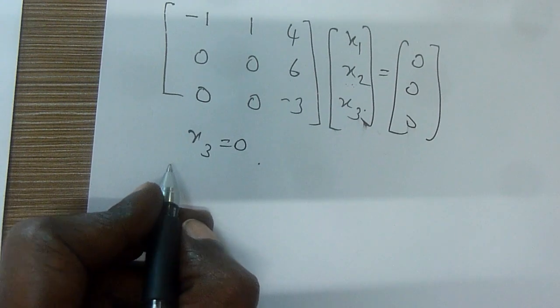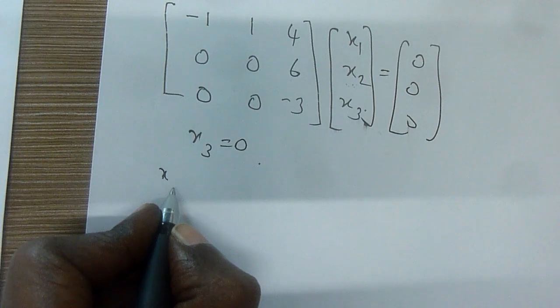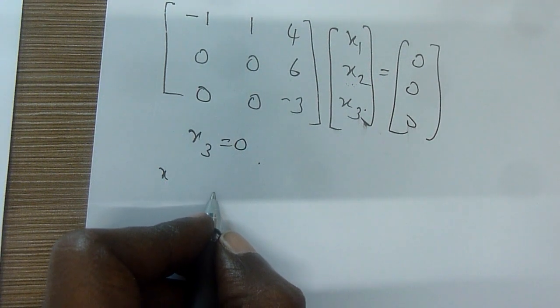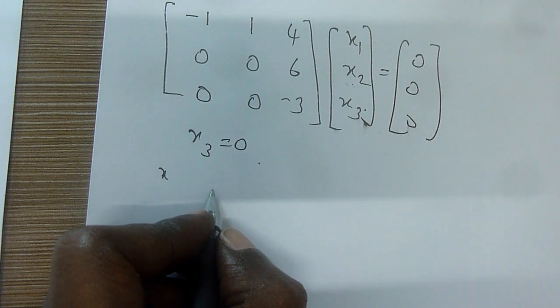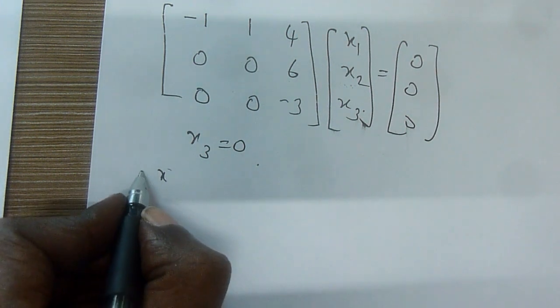Then we worked on this. Therefore, you get x1. How did the first one become -1? Oh, hold on. Is it -1? Yeah, -1.